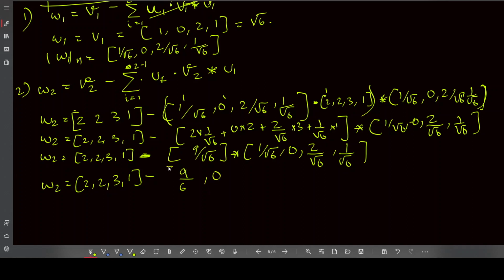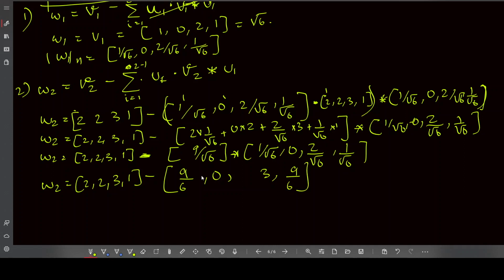Then the second one is 0. Then it's 9 into 2 by under root 6. So that's 18 by 6, which is 3. And nine into, yeah, that's again 9 by 6.